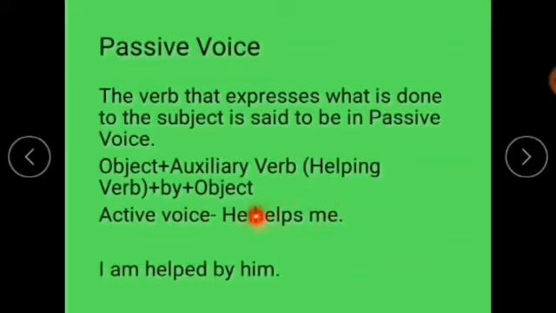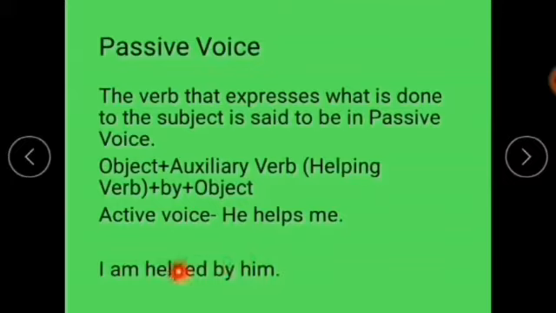When we change it into passive voice, me, which is the object here, becomes the subject. Then auxiliary verb, then main verb, then by, and then he, which is the subject, when it works as object, changes into him. So, I am helped by him.